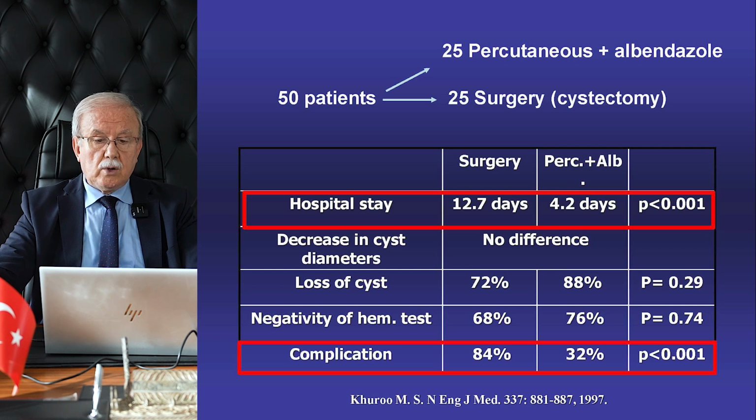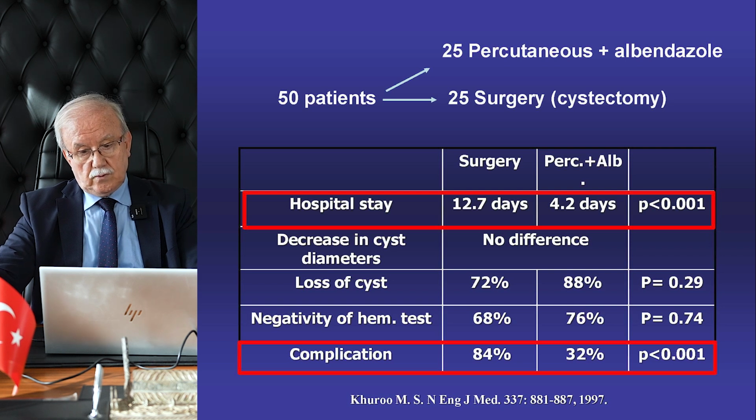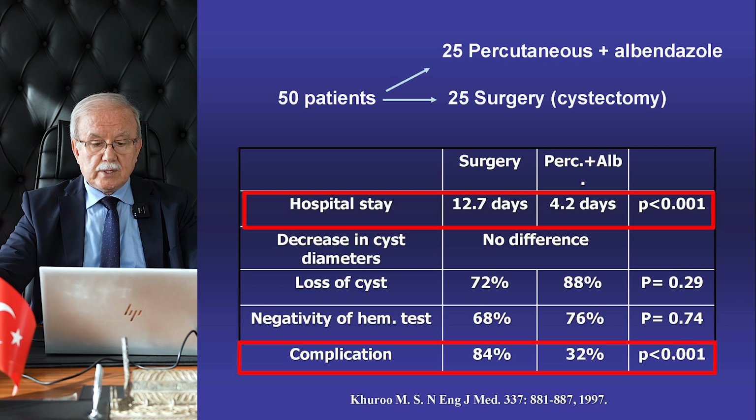There are only several randomized clinical trials. This is Crow's study. They used 50 patients, 25 treated with percutaneous plus albendazole and the other 25 treated with a surgical technique. Hospital stay and complications were higher in the surgical technique compared to the percutaneous technique.